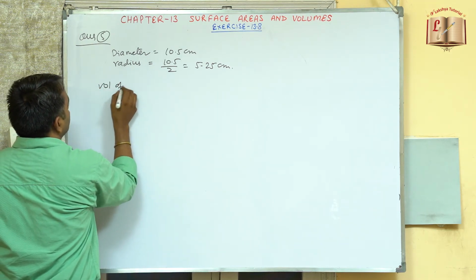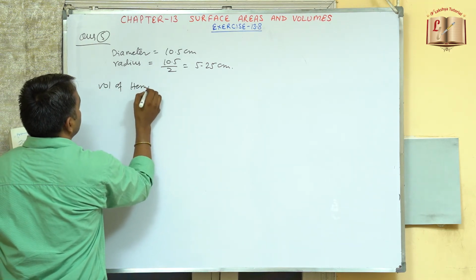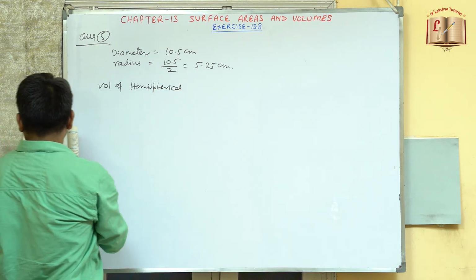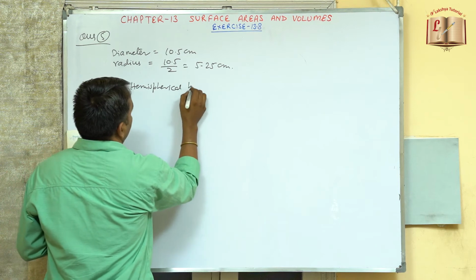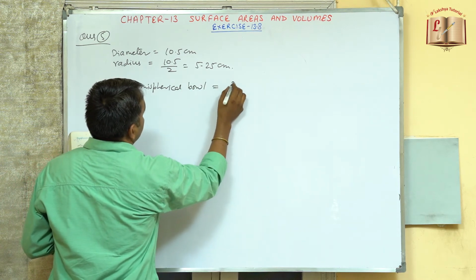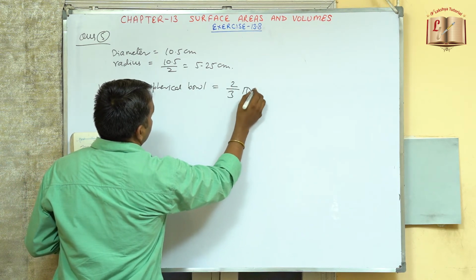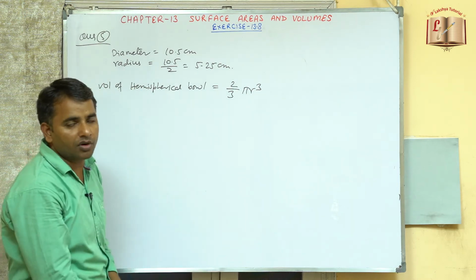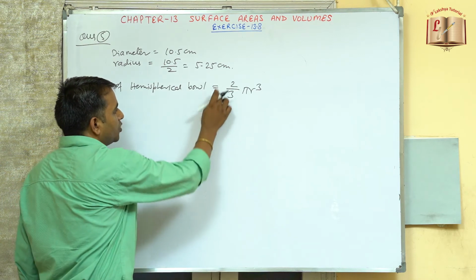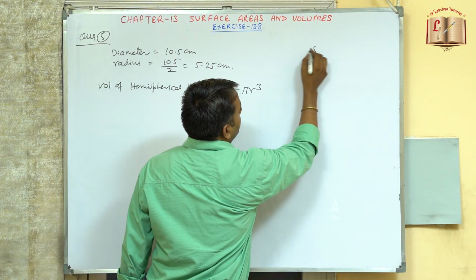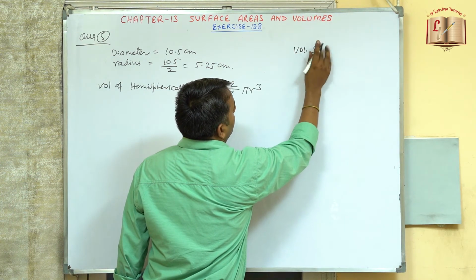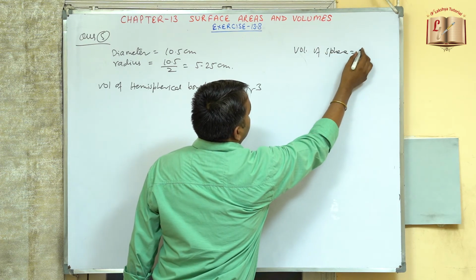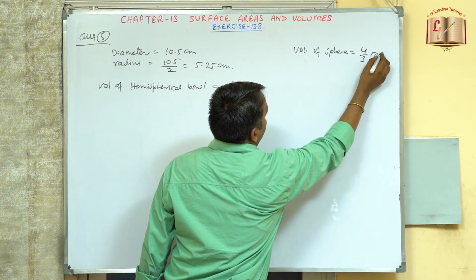Now the volume of this hemispherical bowl will be given as 2 by 3 pi r cube. What will be the volume of a hemisphere? Half of the volume of the sphere. The volume of a sphere is equal to 4 by 3 pi r cube.